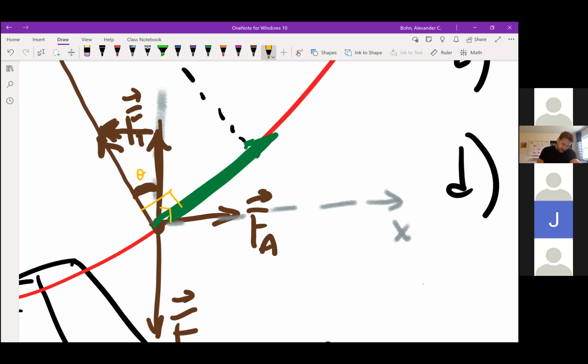If this angle is theta, then this angle is 90 minus theta, because brown and green are perpendicular. But if that angle is 90 minus theta, that angle is theta again, because x and y are perpendicular.